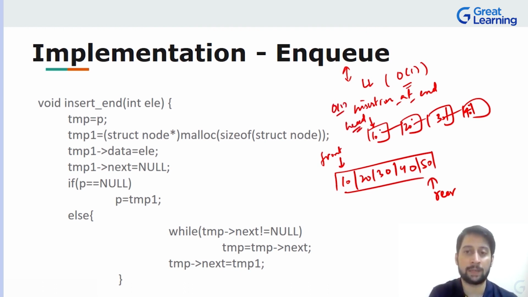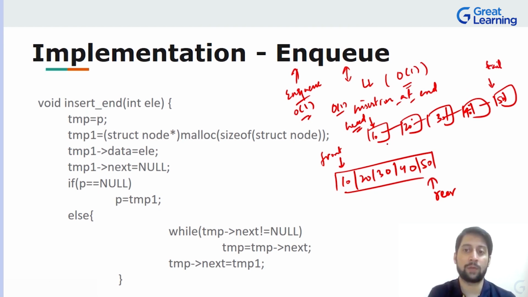Now, let's suppose we want to implement the enqueue operation, and that too in a constant amount of time. But if we are implementing it using a linked list, now the next element, if we want to insert, is after 40 and it should be here. Now we don't have anything with which we can keep track of this thing, the tail.